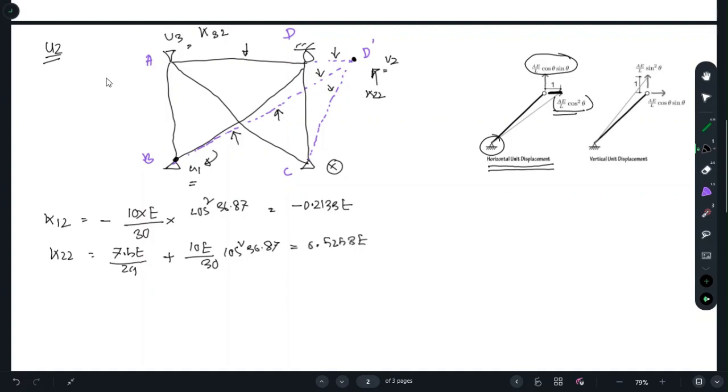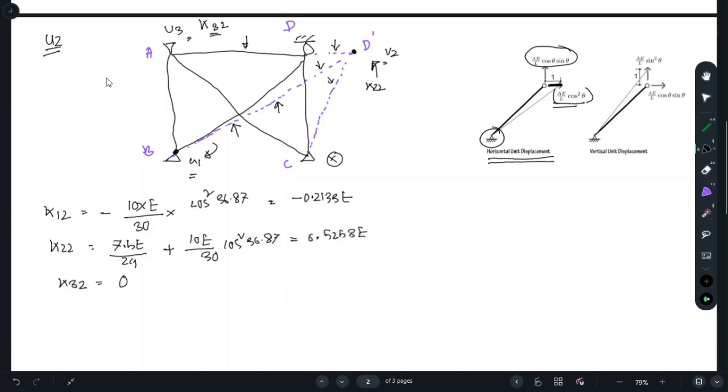So your next thing is K32. For K32, it hasn't undergone any displacement in vertical direction, because at K32 we're considering the vertical displacement, but it has no vertical component of displacement. So K32 would be 0.